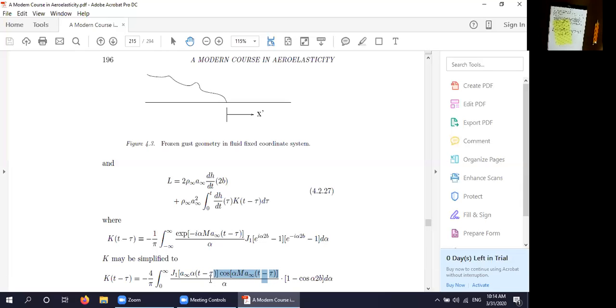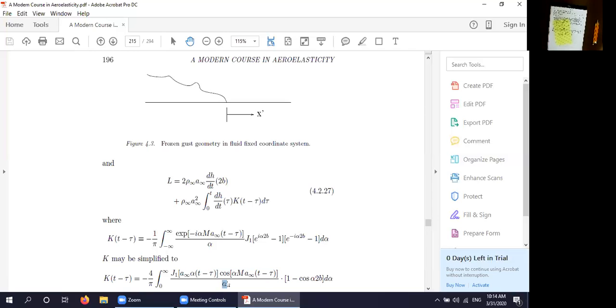But then when you integrate this, remember you're going to non-dimensionalize time, but you also need to non-dimensionalize alpha. And alpha has dimensions, it's a Fourier transform variable in space, so it has dimensions of 1 over length. So if I multiply alpha by 2b, I will non-dimensionalize alpha.